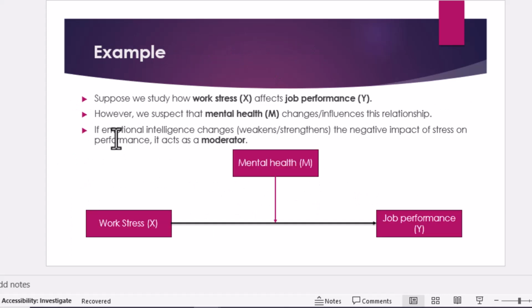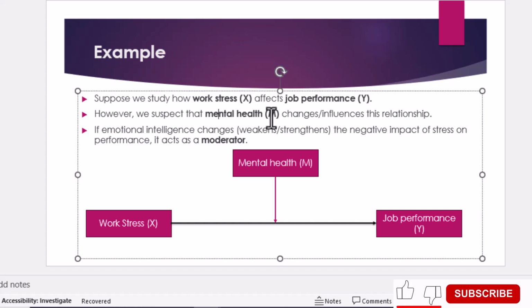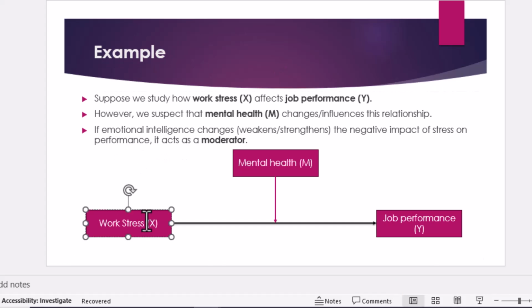Suppose we want to study how work stress affects job performance. However, we suspect that another variable called mental health influences or changes this relationship. So how do we go about it? In this case, we have work stress, which is our x variable, our independent variable. Then it affects job performance.